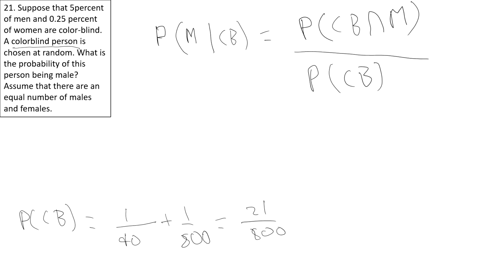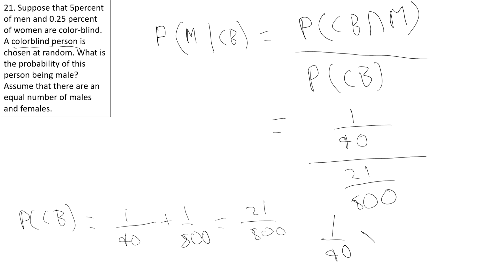What we found was colorblind and male is 1 by 40, and this is 21 by 800. So if you know basic mathematics, it will be like 1 by 40 into 800 by 21.